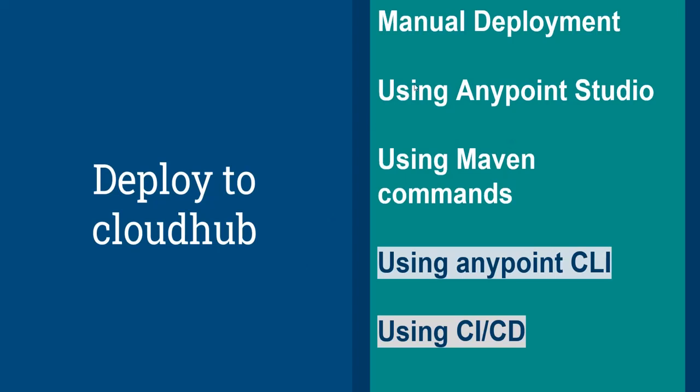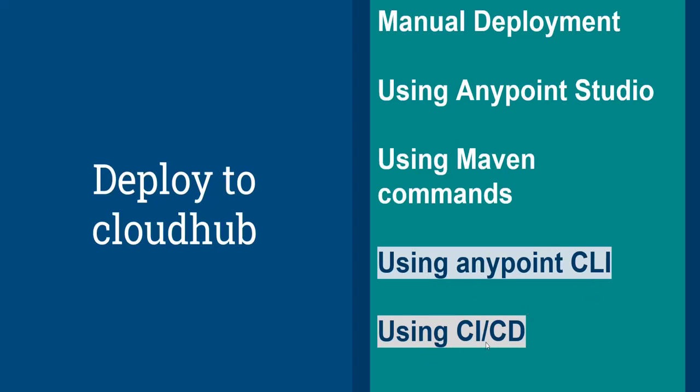So my recommendation is first focus on this second option, using Anypoint Studio to deploy this application into CloudHub. Learn this option and practice it very well. Then go to manual deployment, then learn Maven commands deployment, so that you will get a complete idea about three different options of CloudHub deployment. Later on we will see CI/CD and Anypoint CLI also.